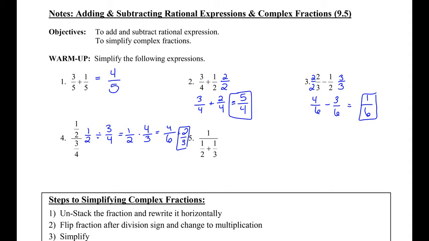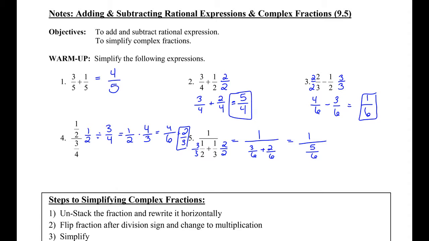For number 5, I'm going to start by simplifying the fractions in the denominator. So I'm going to multiply the fraction on the left by 3 over 3, and the fraction on the right by 2 over 2. That's going to give us 3 over 6 plus 2 over 6, which simplifies to 5 over 6.